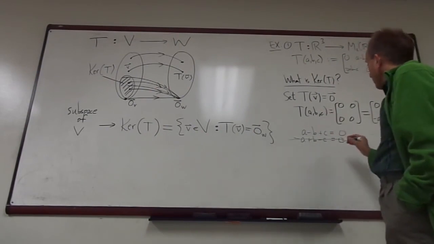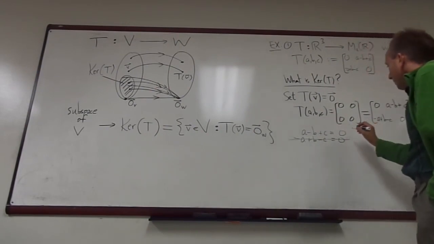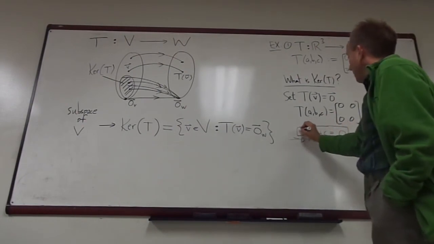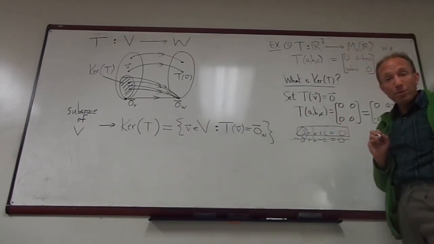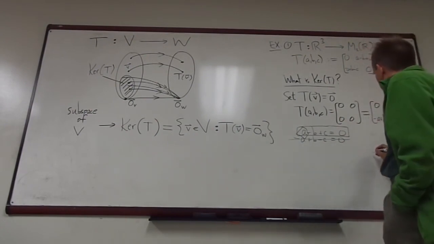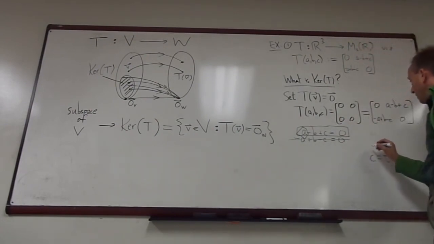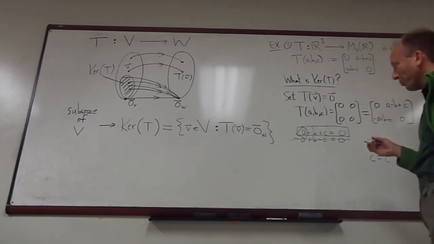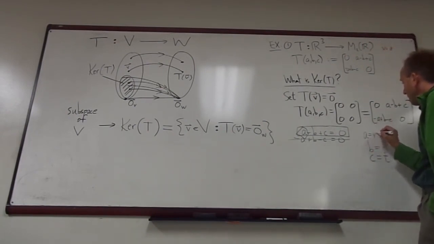And if we look at the first equation, we're really just solving a little system of equations. The a is the leading variable, but b and c are free. So I could write c as t, and I could write b as r. We've done this before, right? And then a would just be r minus t.